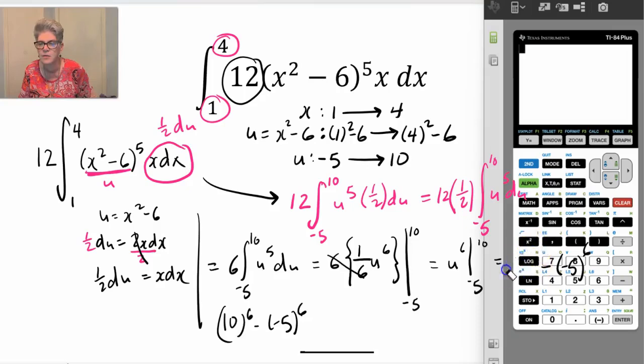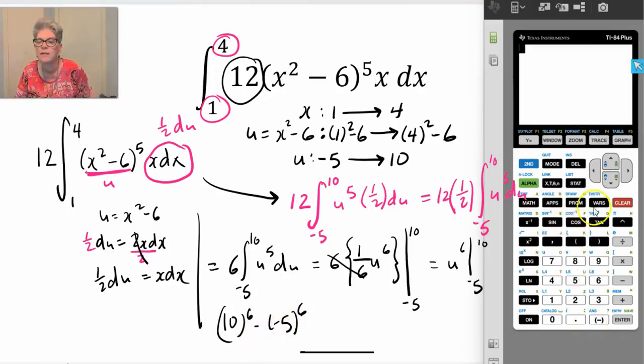You cannot cancel those two negative symbols. Don't ever do that. These two negative symbols here, because these parentheses, the 6th power has to be done first. Okay. If you didn't have the 6th power there, you could have canceled those. But as it stands, they will not cancel. Don't do it. You'll get the wrong answer.